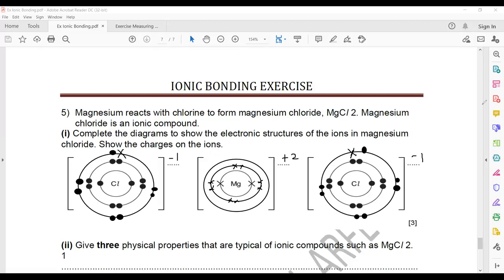This is the ionic structure of the magnesium ion and chloride ion in magnesium chloride. Is this structure clear? The magnesium loses the last shell electrons and each chlorine atom gains 1 electron to form a chloride ion.